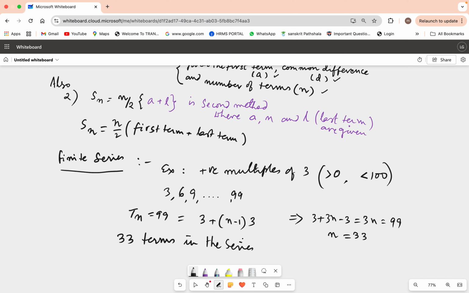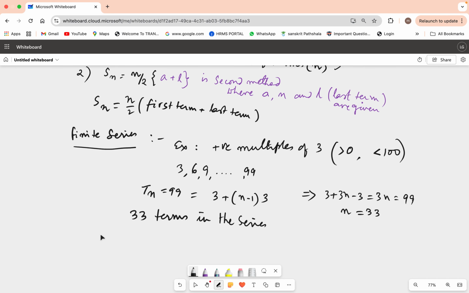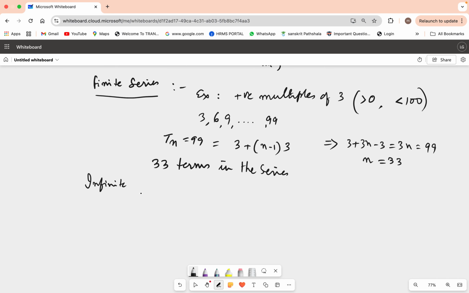Okay, that's good. Now, what is an infinite series? This can be explained with an example. If you take all even numbers starting with 0, what does it mean?